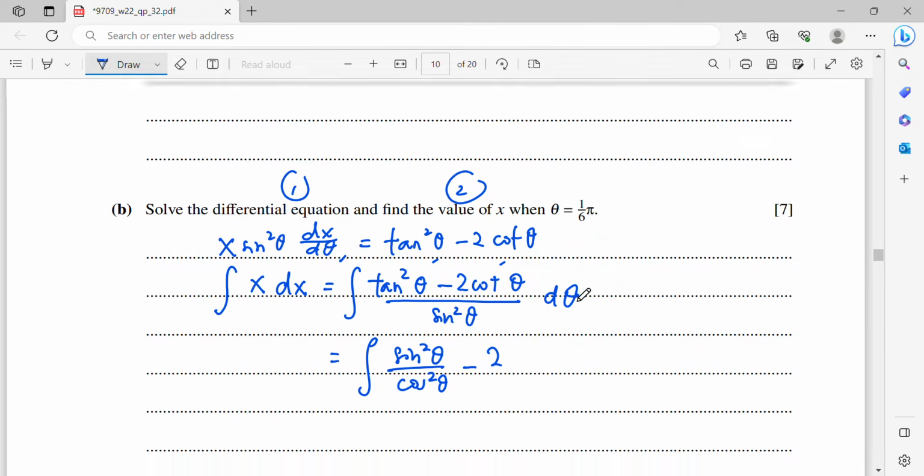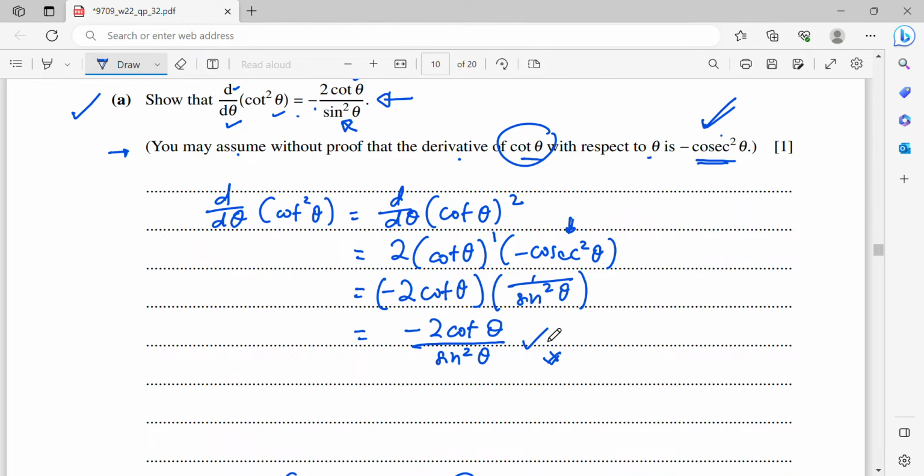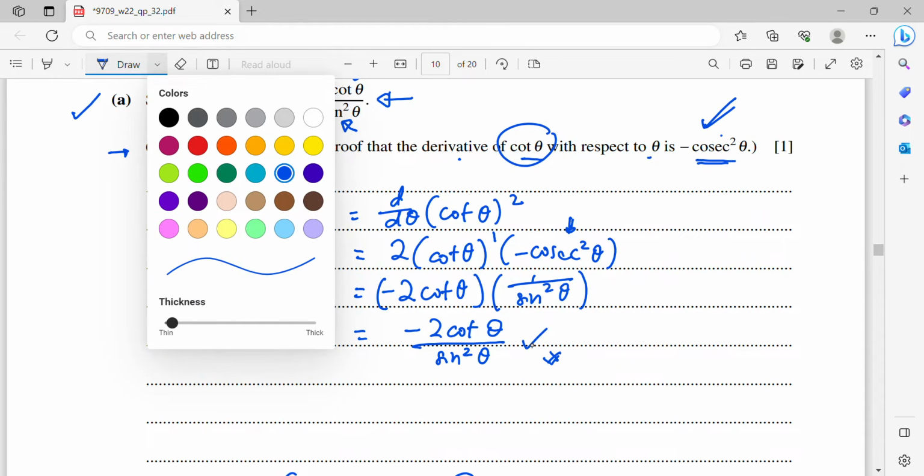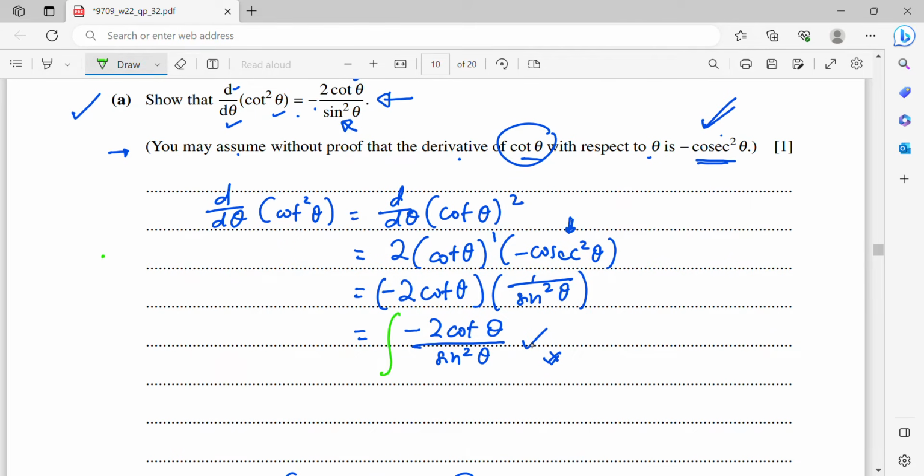I will keep the cot theta here because we know that when we differentiate cot squared theta, it will be negative 2 cot theta over sine squared. So if I integrate the right hand side with respect to theta, I will be getting this result. That's why I will keep the cot in my working.